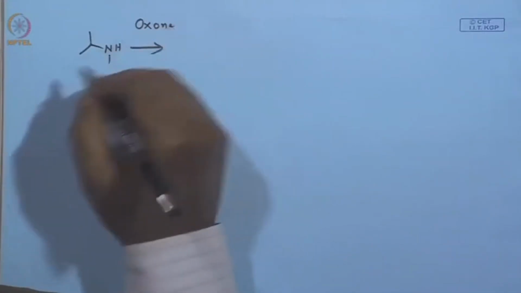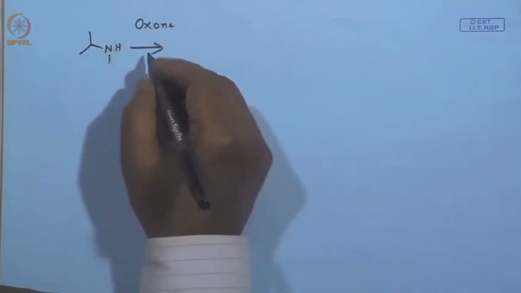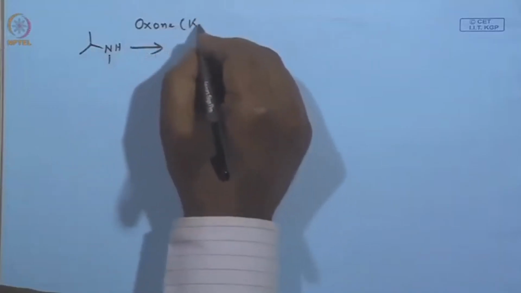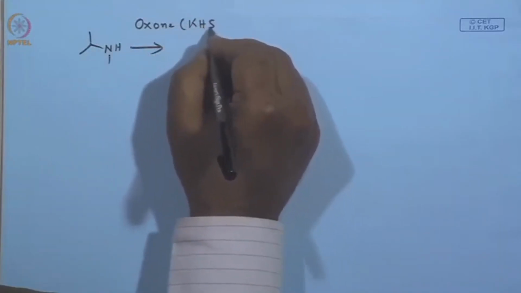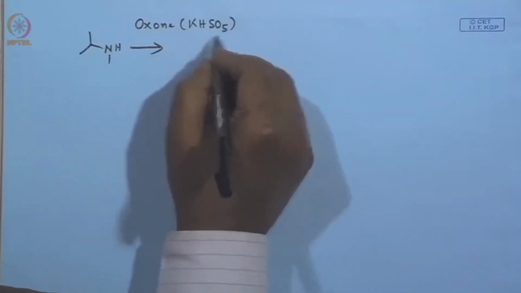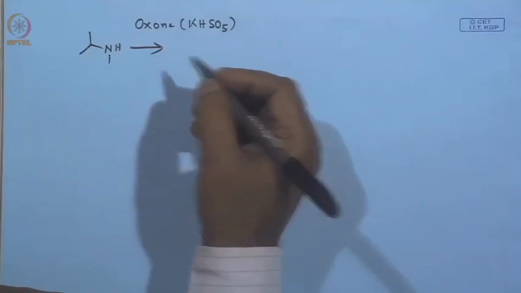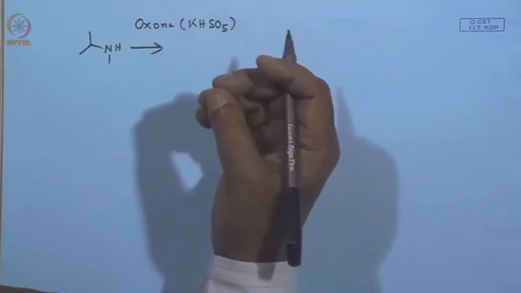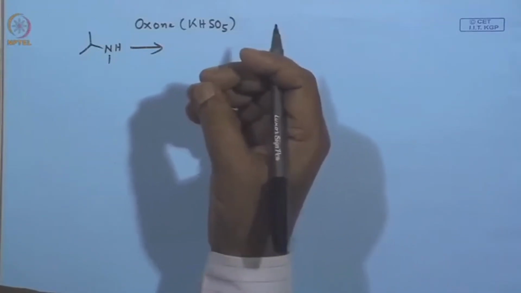Now, we know what Oxone is. Oxone is potassium monopersulfate, and this is the active component, while the others are potassium sulfate. Again, it is quite difficult to predict what the final product is.